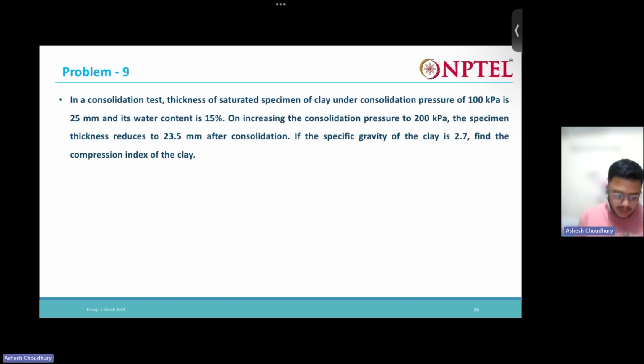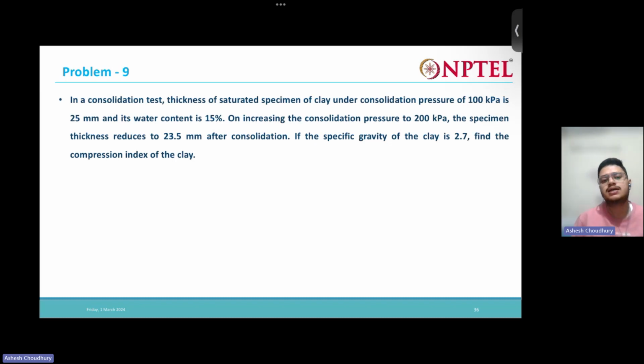Okay, now let us see this. In a consolidation test, the thickness of a saturated specimen of clay under a consolidation pressure of 100 kPa is 25 mm, and its water content is 15%.